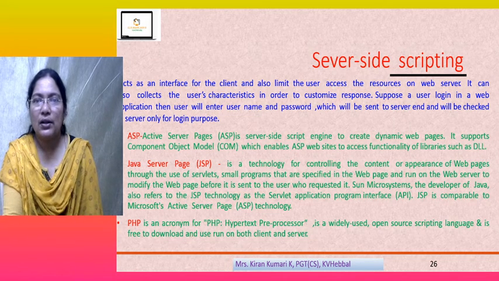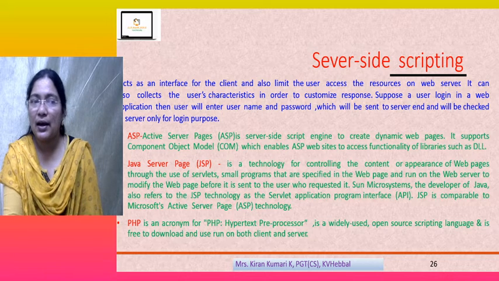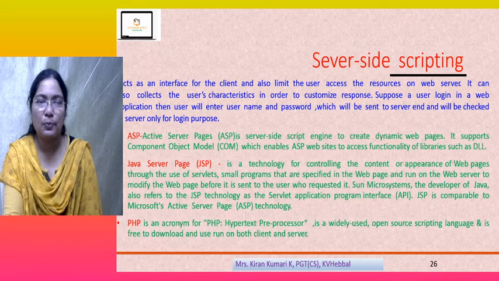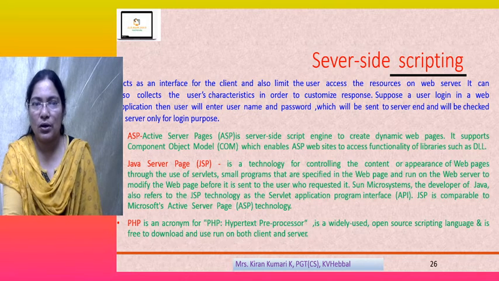So what are the server side scripting languages? We have ASP, that is active server pages. JSP is Java server pages. ASP is a server side script engine to create dynamic web pages. It supports component object model COM, which enables ASP websites to access functionality of libraries such as DLL.